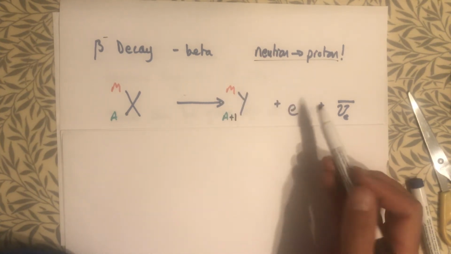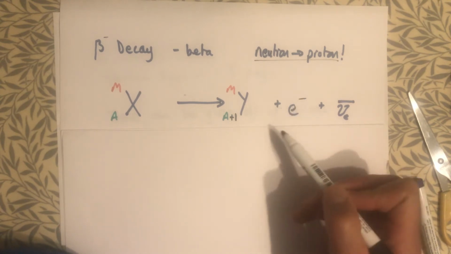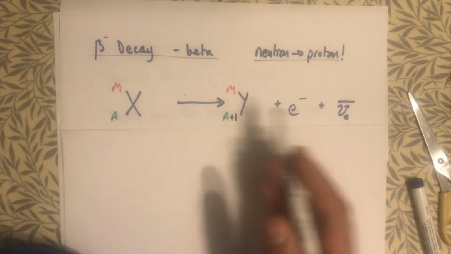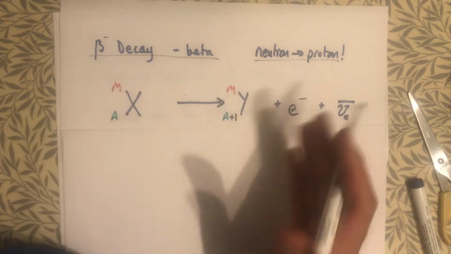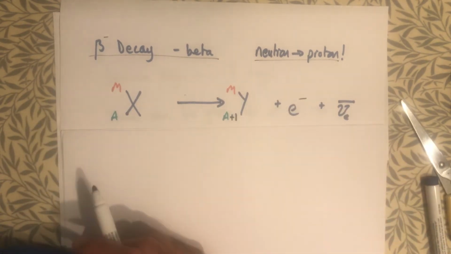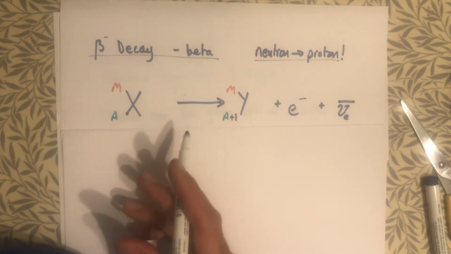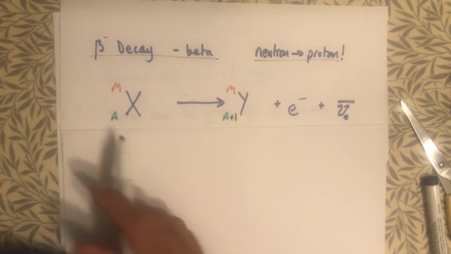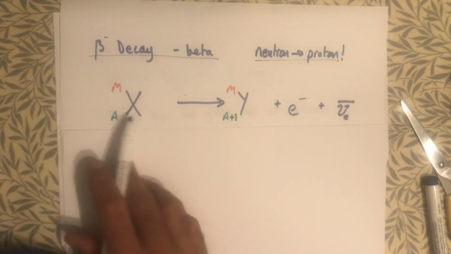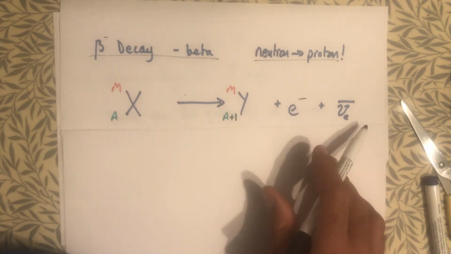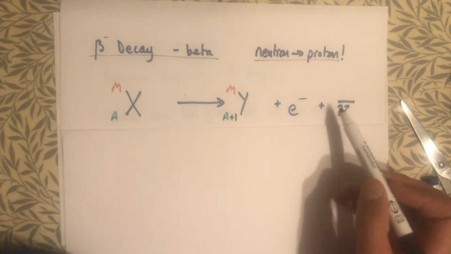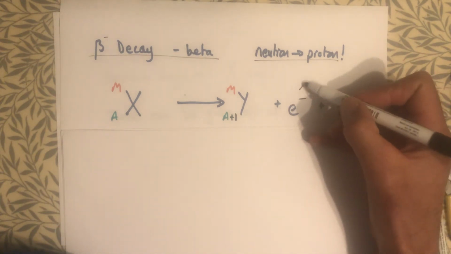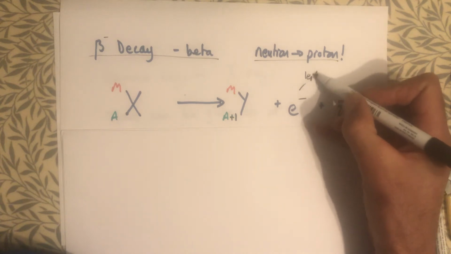Now, we are emitting our electron, e minus, for beta minus decay. And you can't just generate leptons on one side of an equation. There's a rule that we don't really do in detail about conservation rules. One of them is you can't have no leptons on this side and magically generate leptons on the other side. And if you do, you have to generate an equal number of anti-leptons. So basically, we've got our electron here, which is a lepton.